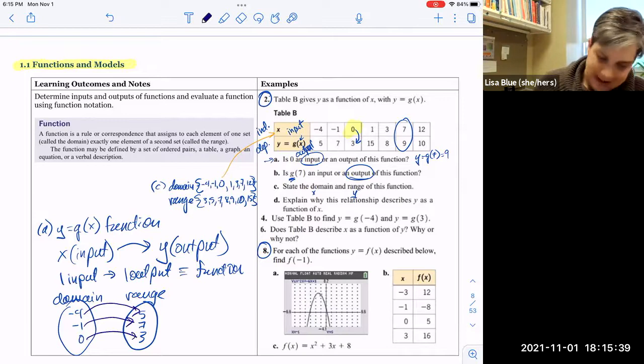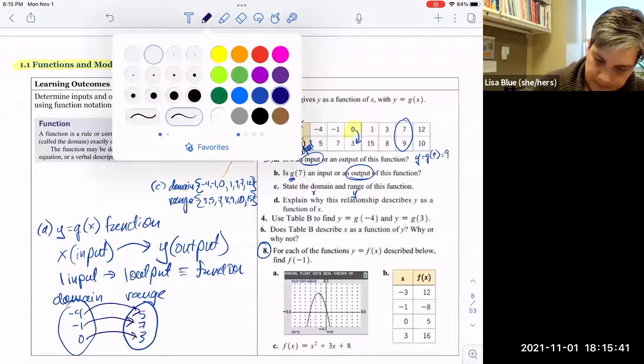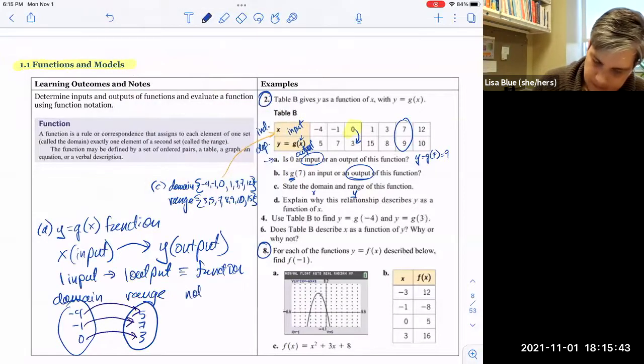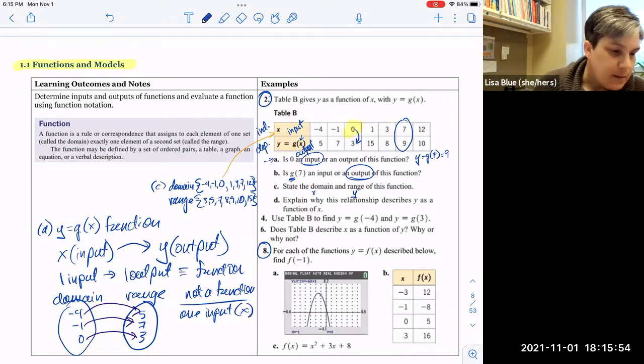The only time it's not a function is when you have one input or x value and it maps to or leads to 2 outputs. All right.